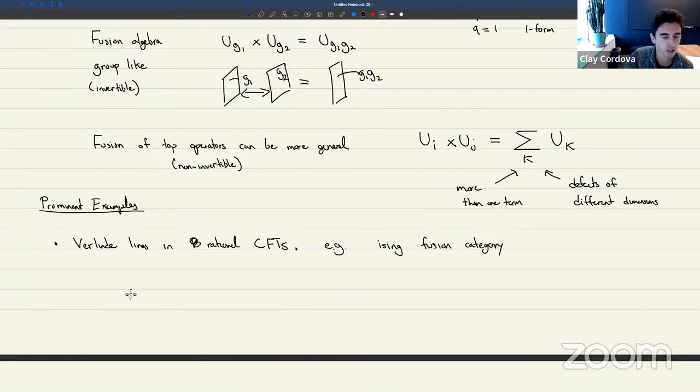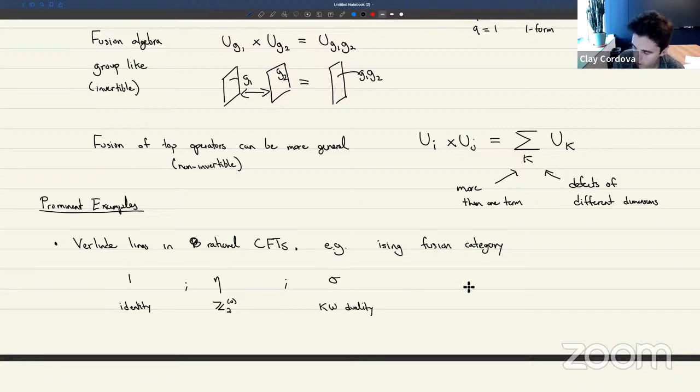So the Ising fusion category is built from 3 lines. There is a line which is the identity. There is a line eta, and 1 and eta together you can think of as generating the Z2 zero form symmetry of the Ising model. And then there is a more interesting line, sigma, which comes from the fact that there is Kramers-Wannier duality. And we'll discuss that a little bit later.